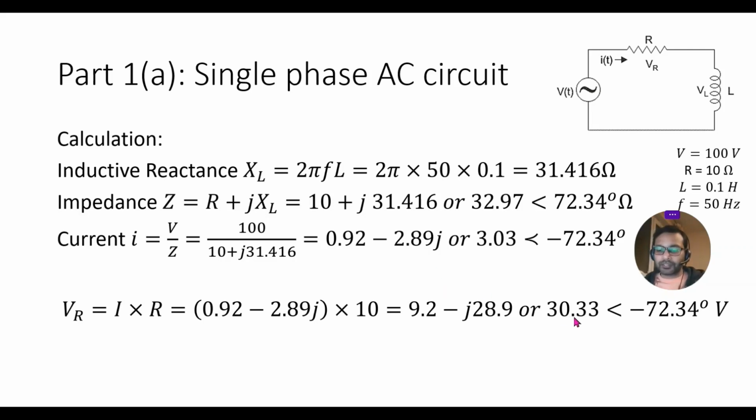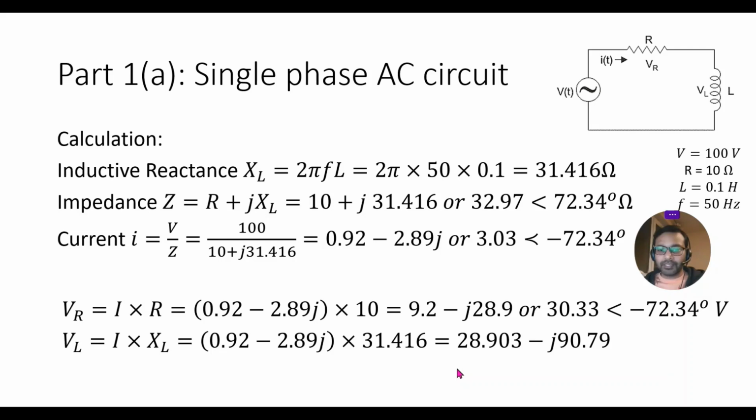The voltage across the resistor is 30 volts. And similarly, we can calculate the voltage across the inductor. That comes out to be 95 volts.